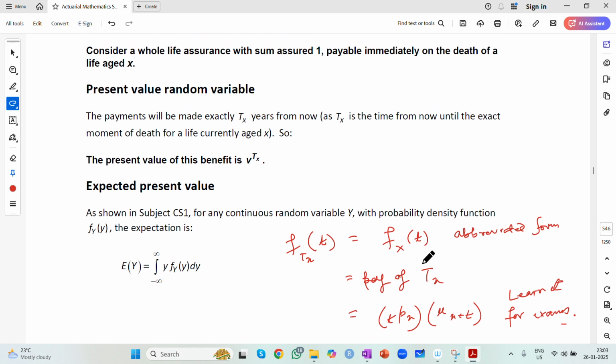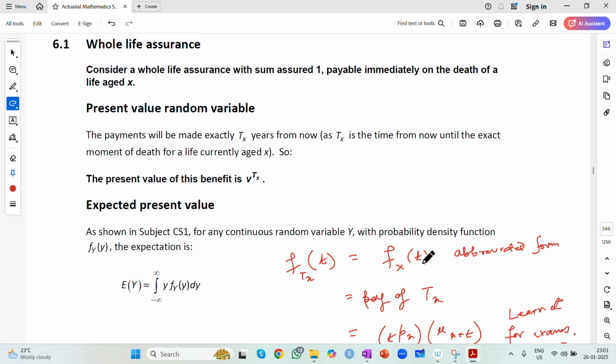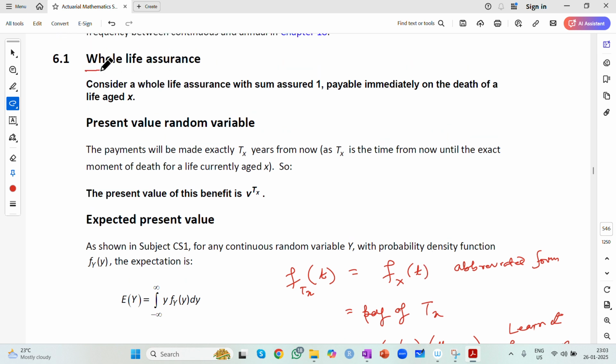Next, let's continue with the present value random variable for the whole life assurance.